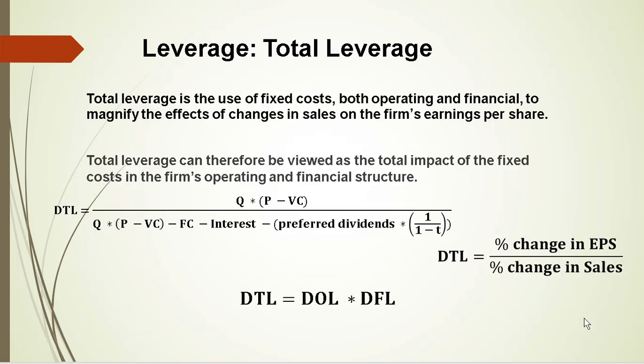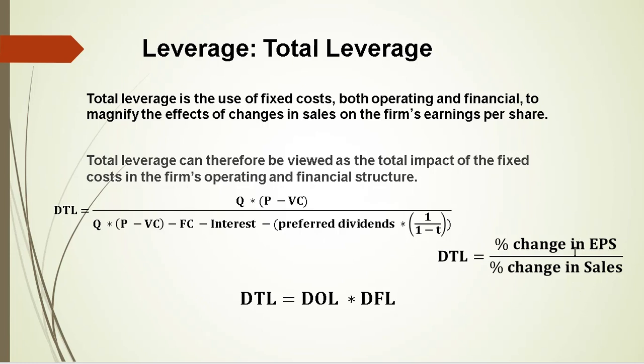What this ultimately leads to is total leverage. What is the total combined effect of the leverage in operations and the leverage in finance? And again, we plug this into our formula. The degree of total leverage really is just the variables that we've been talking about so far.